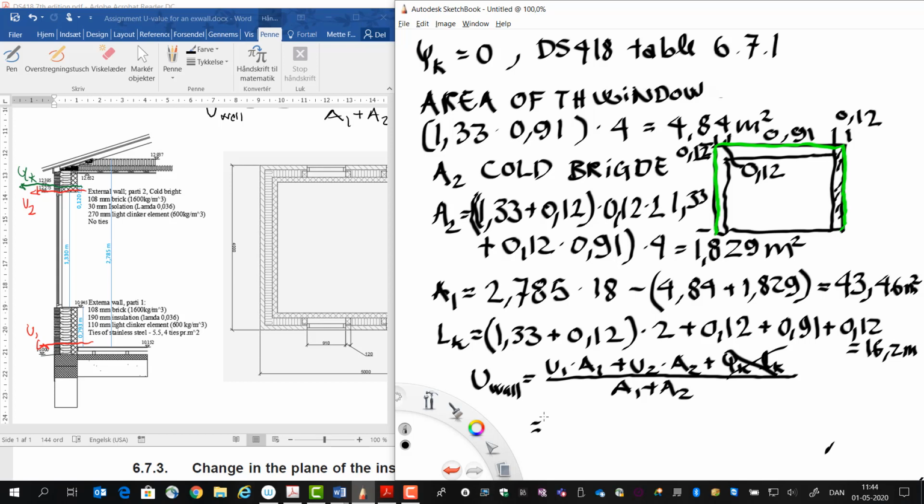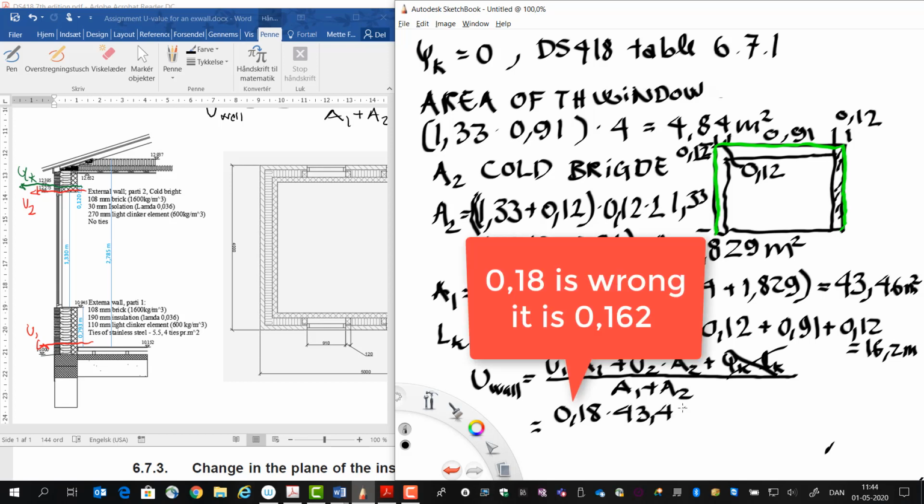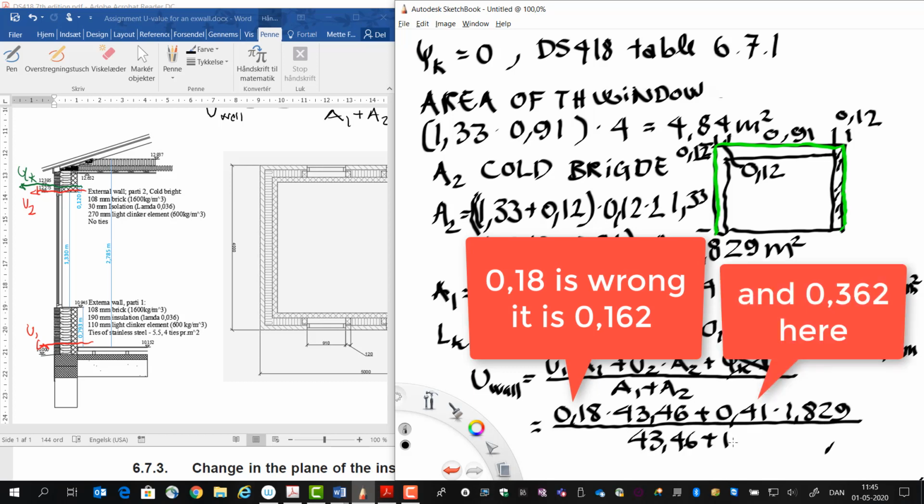So we have U1 was 0.18 times the area was 43.46 times the U value for U2 was 0.41 times the area, which was 1.829, divided by the total area, which was 43.46 plus 1.829.